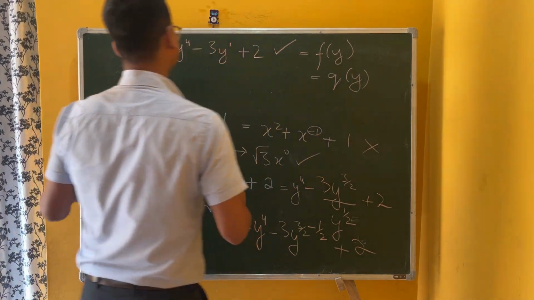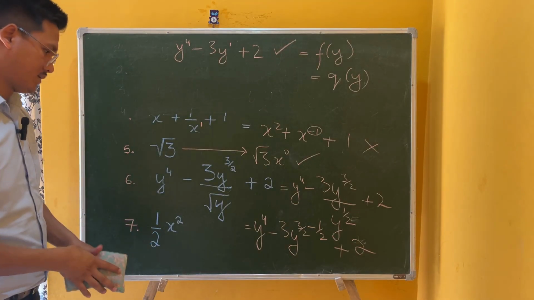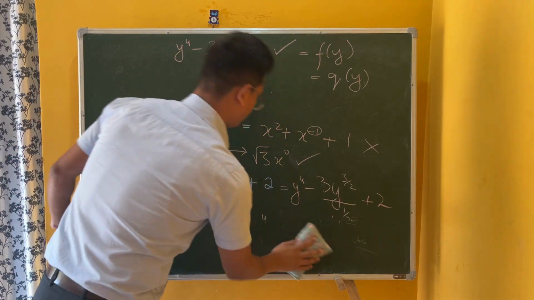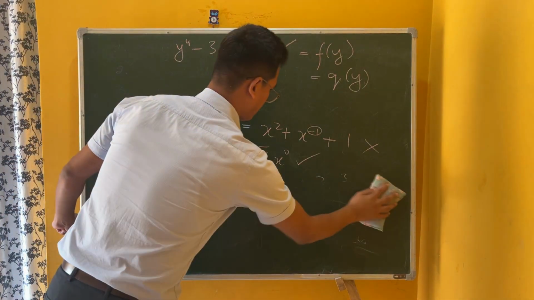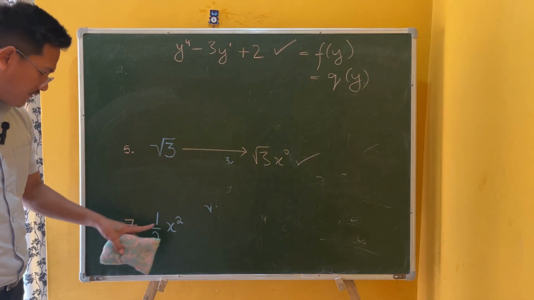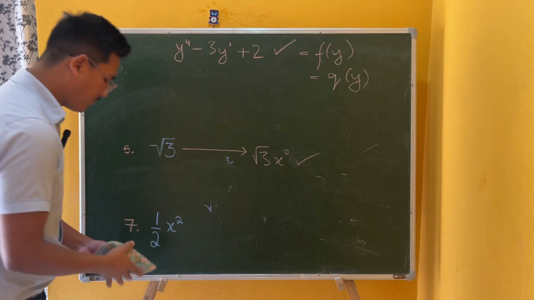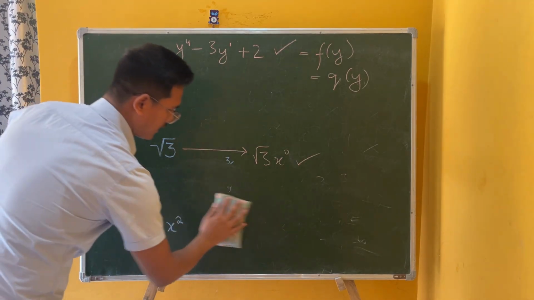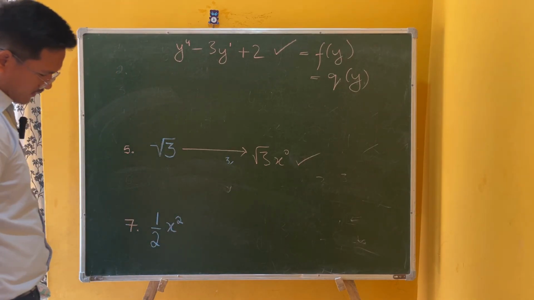Right? What about this? Half into x square. Is this a polynomial? Yes, this is a polynomial whose degree is 2.